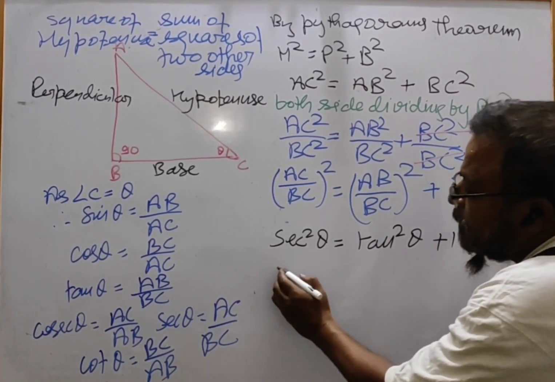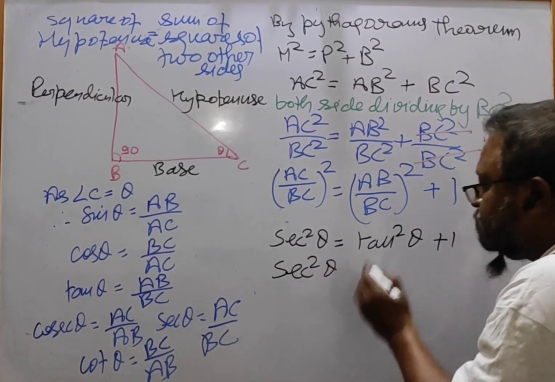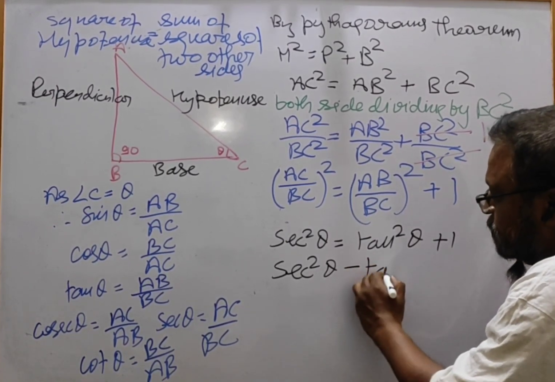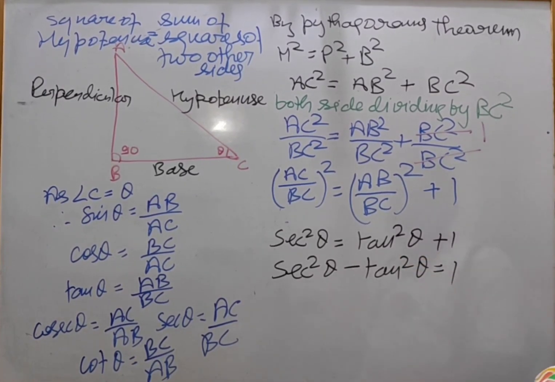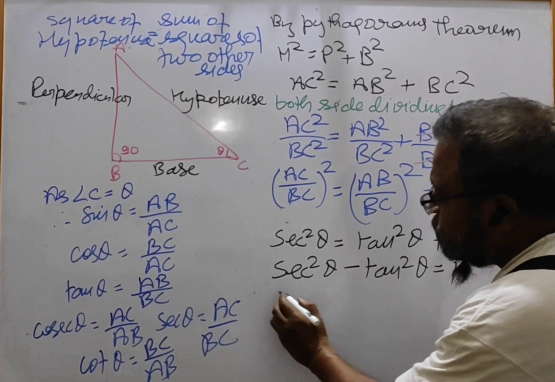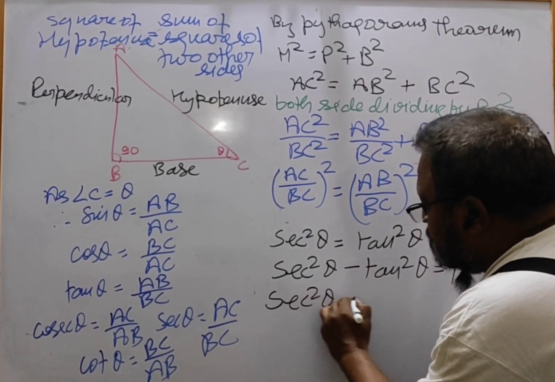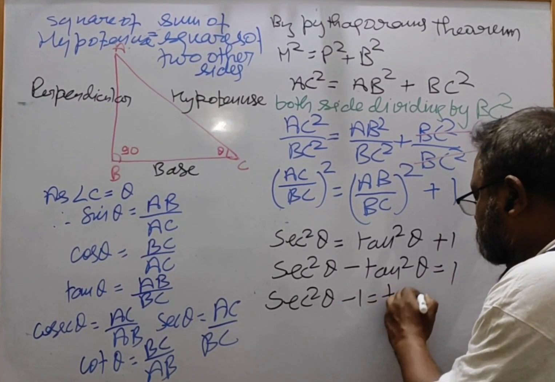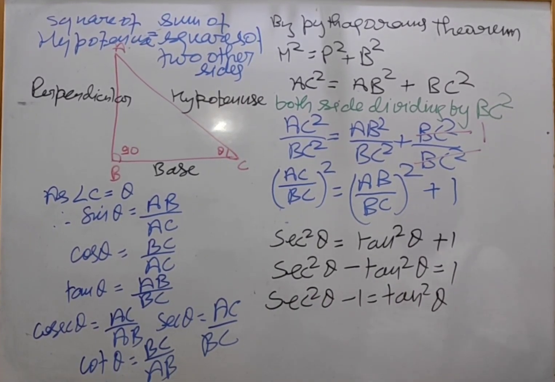So you can write sec square theta minus tan square theta is equal to 1. Or you can write sec square theta minus 1 is equal to tan square theta. Done?